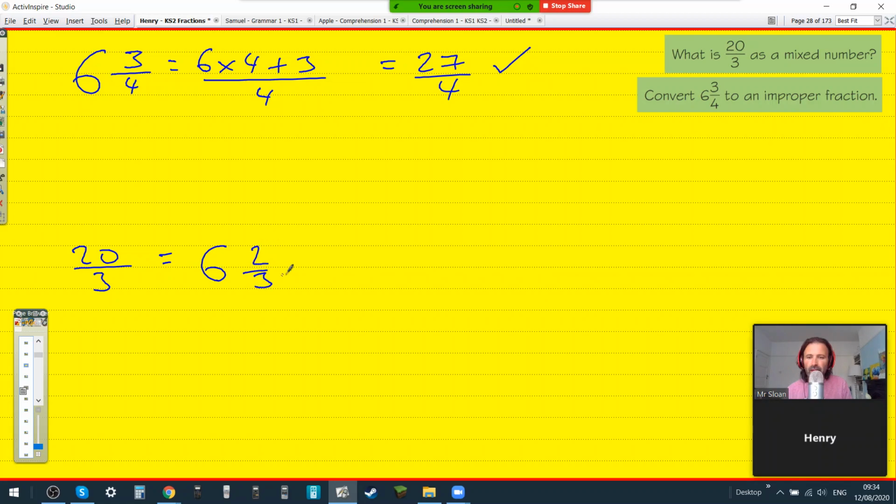Well done. So 20 divided by 3 is 6, and then remainder 2, and the fraction was thirds. Great. Any questions about those? No. Okay.